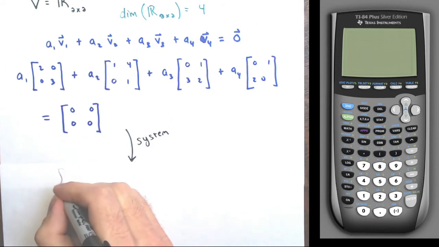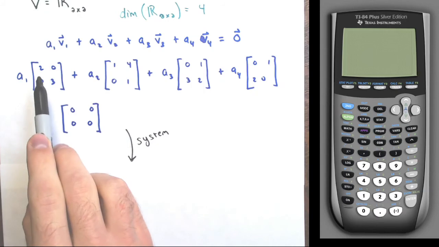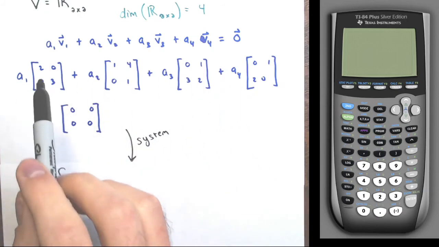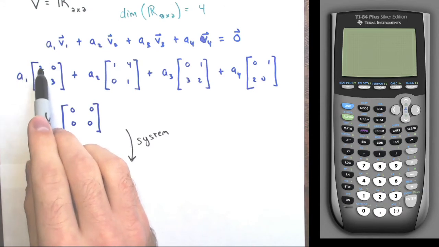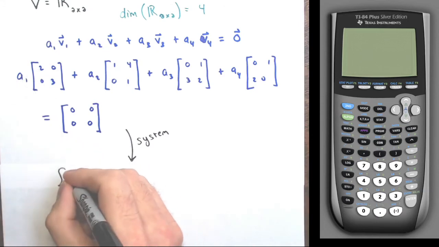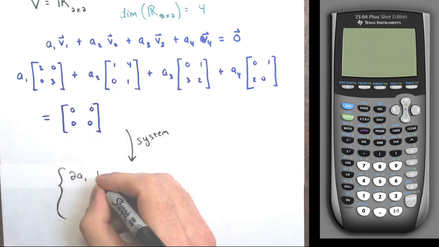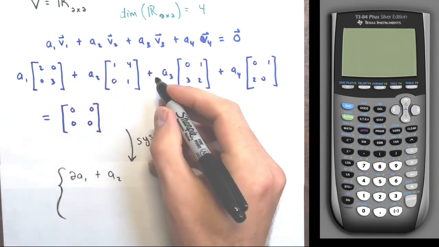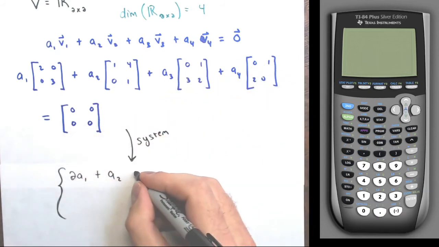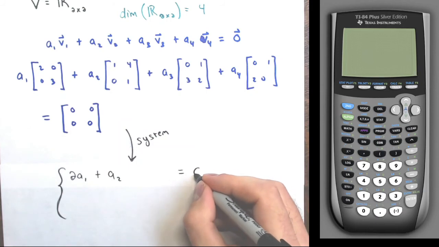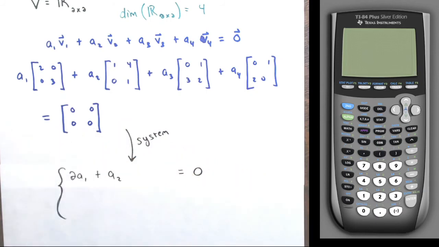So the system that would need to be solved: look at the first row, first column entries. I'd have 2a1 plus 1a2 plus 0a3 plus 0a4 would have to be equal to 0, the first row, first column entry of the 0 matrix.